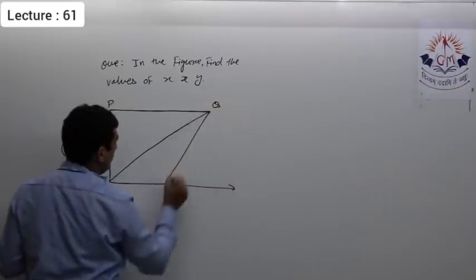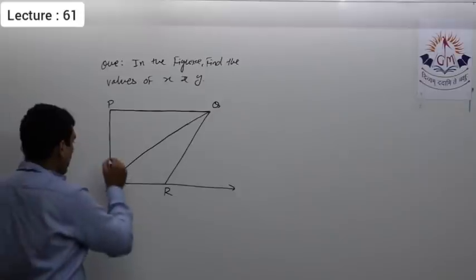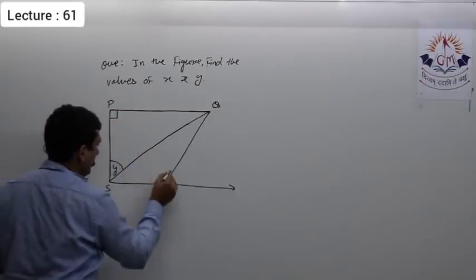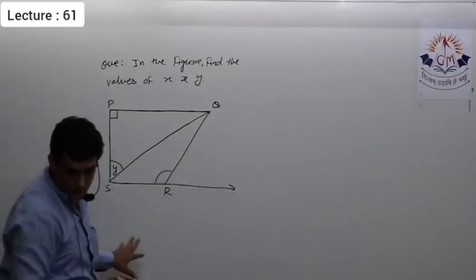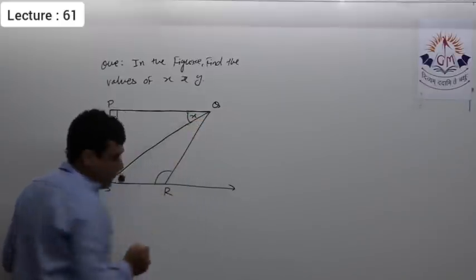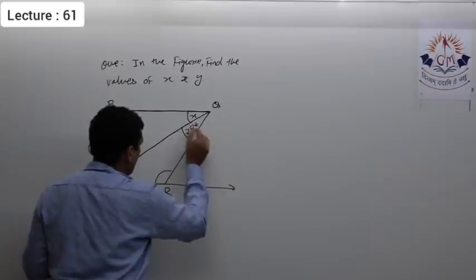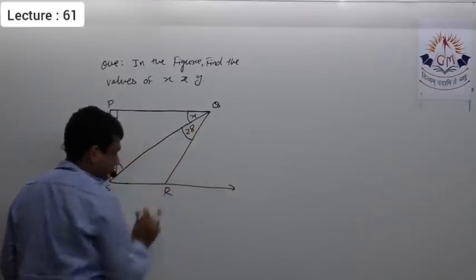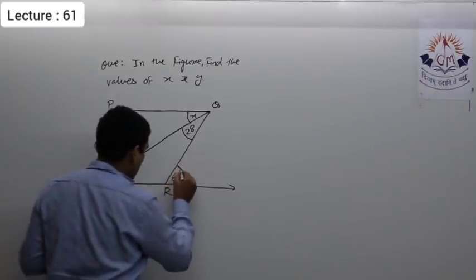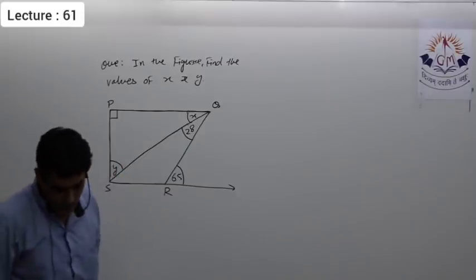P, Q, R, S. Here we have Y. Here this is 90 degree. Here it is X. Sorry, here it is X. Okay, then here it is 28. And this is 65. So this is 90 degree. Now you have to find this x and y.